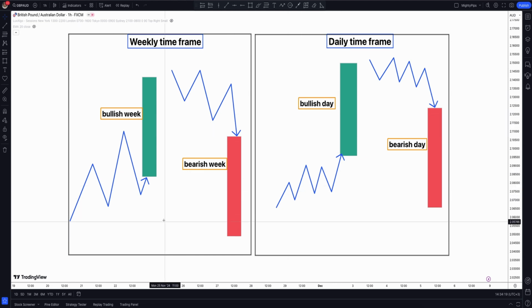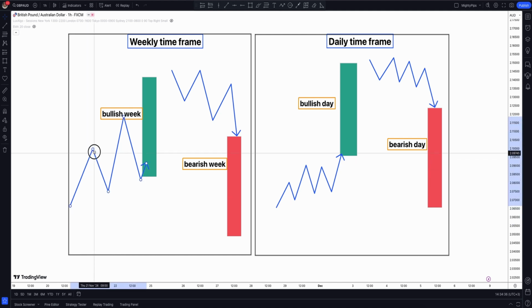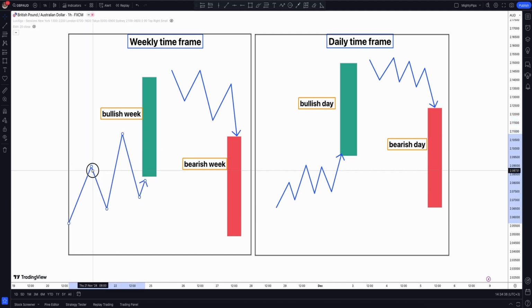So if you're trying to determine a bullish daily bias, make sure the previous weekly candle has closed bullish, and the trend of the weekly chart is bullish.